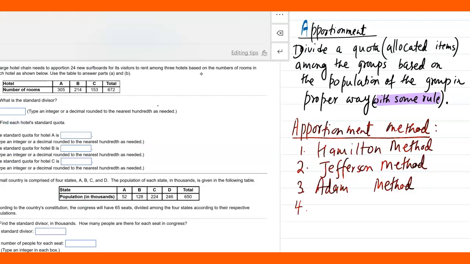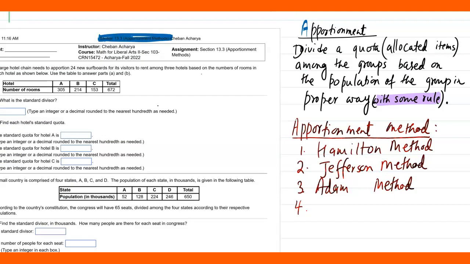I will do each of them. These are the 4 methods we use to divide the quota, or allocated item, the same thing, among the groups in a proper way.